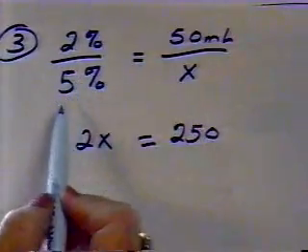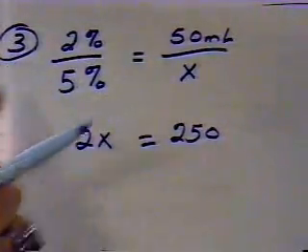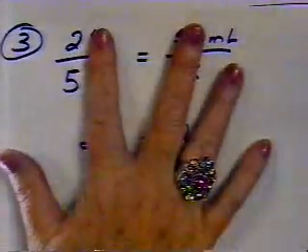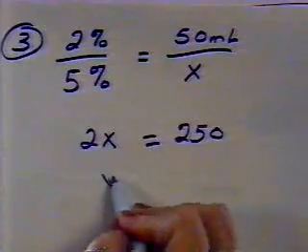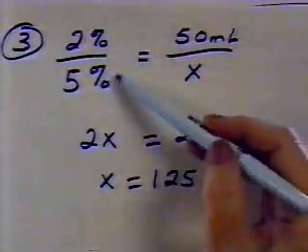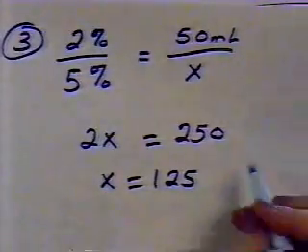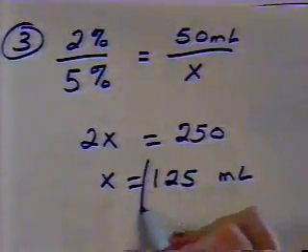Now every other time we had to move it over and make it 0.05%. When we have a percent over a percent, pretend those just cancel each other out. You don't have to do anything with it. So when I divide by 2, I get 125. This time the labels match up and down, so it's 125 what? Milliliters.